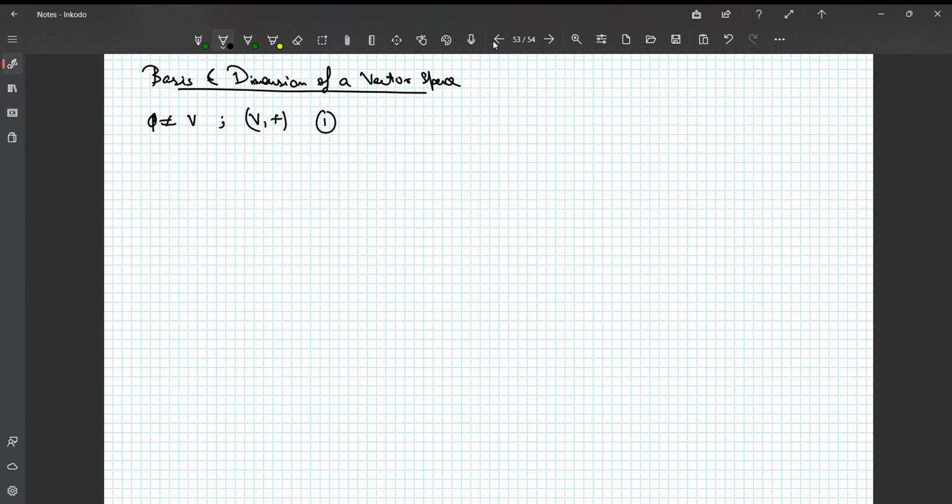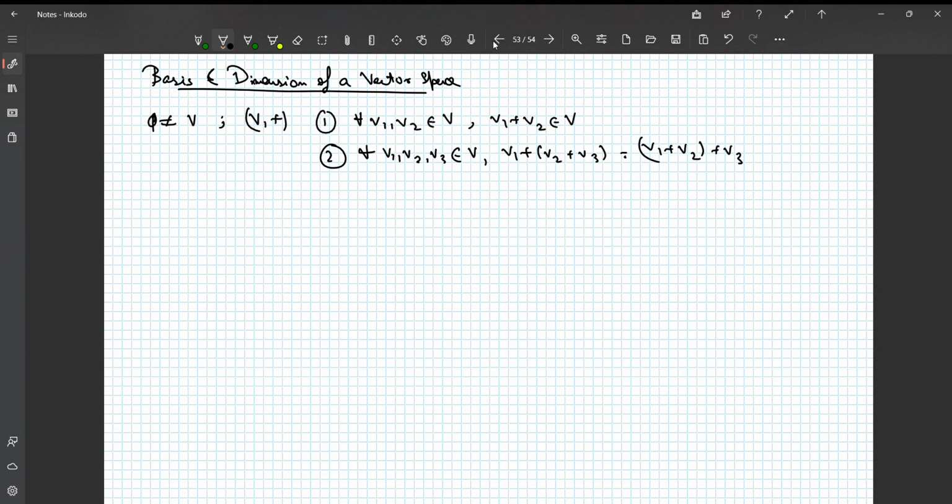Okay, so number one, for all V1, V2 in V, V1 plus V2 is also in V. Number two, for all V1, V2, V3 in V, you have (V1 plus V2) plus V3 is equal to V1 plus (V2 plus V3).